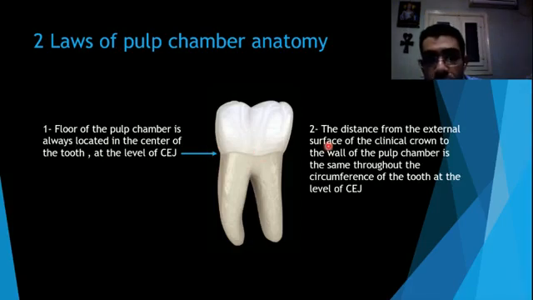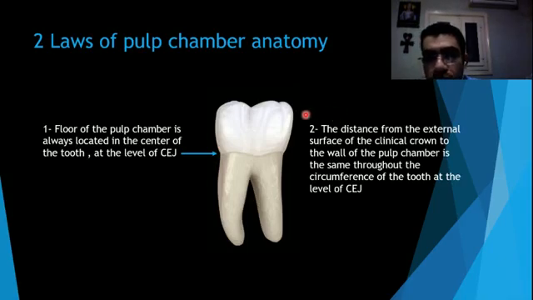The second law for pulp chamber anatomy is that the distance from the external surface of the clinical crown to the wall of the pulp chamber is the same throughout the circumference of the tooth at the level of the cemento-enamel junction, which means that the boundaries of the pulp chamber will not go beyond the periphery of the cemento-enamel junction.